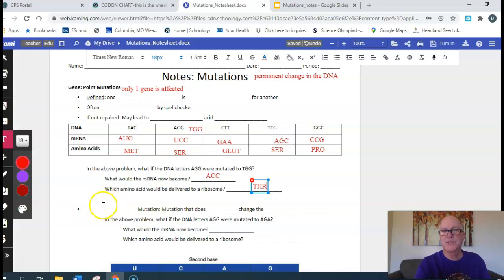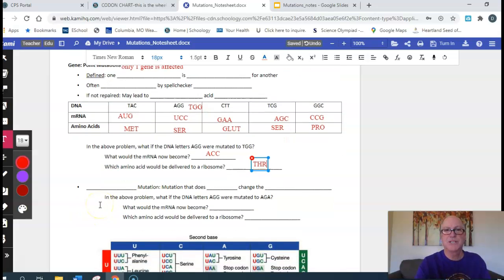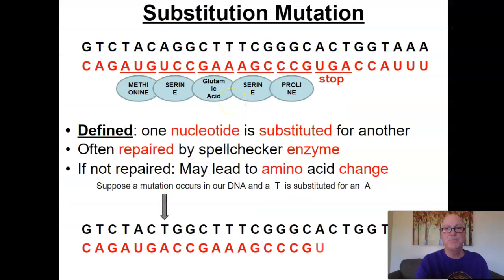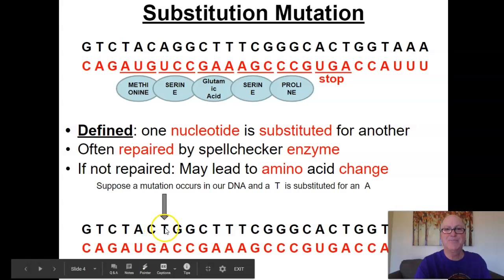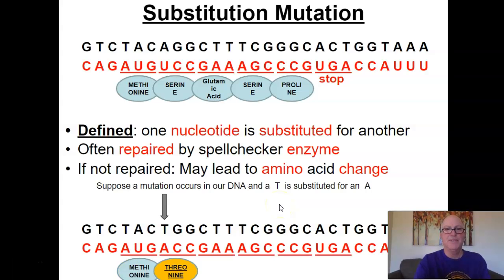I'll go back to my slideshow at what kind of mutations can occur. And suppose we had a mutation and that T that I'm pointing to here was substituted. If you'll look at the normal gene up here, you had an A and it gets replaced by a T. Well, that affects the messenger RNA that we're building, and it affects the protein that you built just now too.